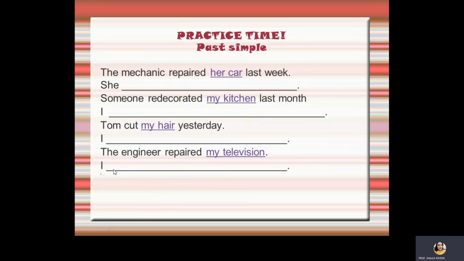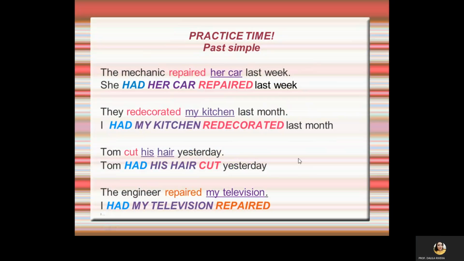I, past tense, had object, my television, repaired. You can include by the engineer. Okay. And here you have it. Okay. Just what we had in the previous.